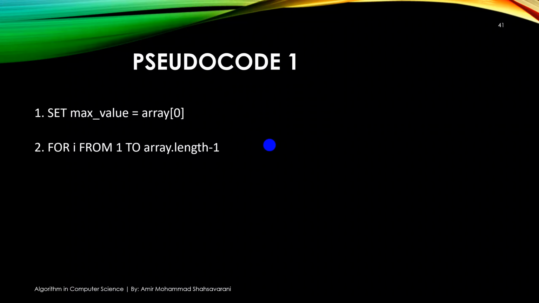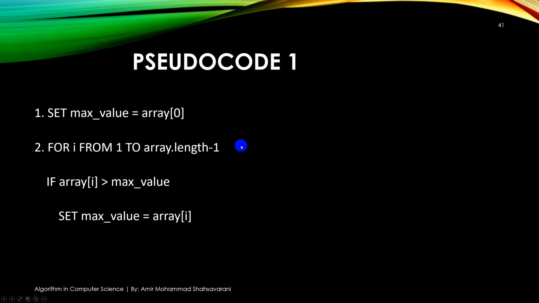So if we do have 10 members in some given array, we actually have 0 to 9. For i from 1 to array dot length minus 1, and so on. If the item in that array is greater than max value, then set the max value to that item.